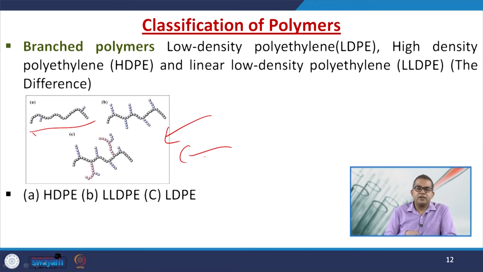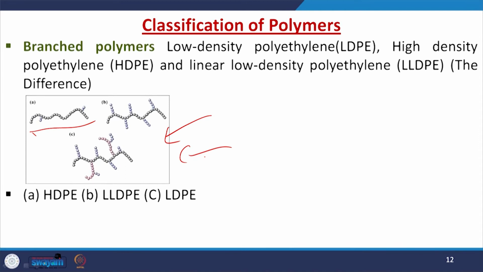Now, you see that there are comb like structures, H type structures, and linear type structures. So, based on the requirement, based on the properties you are looking for, you can develop different kinds of polymers with the same type of monomer. Here the monomer is the same, that is ethylene, but you are having low density polyethylene, high density polyethylene, linear low density polyethylene. So, based on the requirement you can develop the protocol.